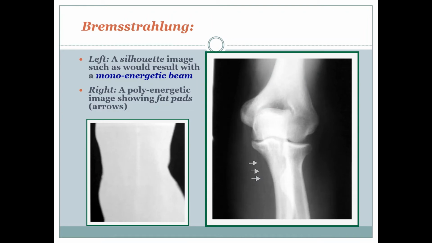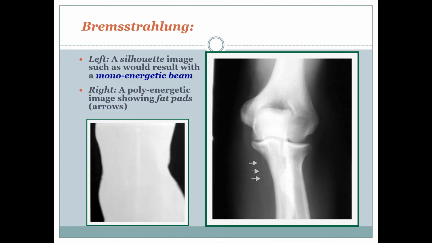So on the left is showing a silhouette image, which is a result of a monoenergetic beam. And on the right is a traditional AP elbow view, projection, pardon me. And this is given because we have a polyenergetic X-ray beam where some of it absorbs, some of it passes through.